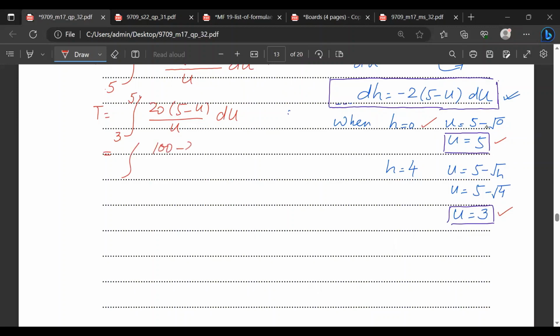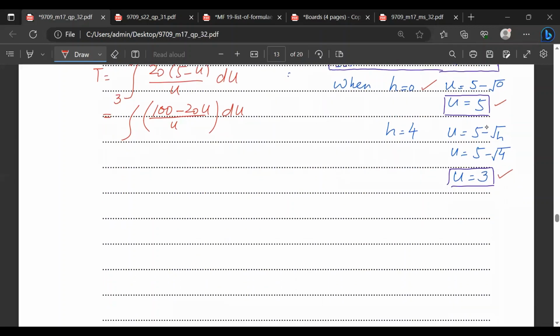Then you can open the brackets: 100 minus 20u over u du, with limits 3 to 5. Further, you can write 100 over u minus 20u over u du.